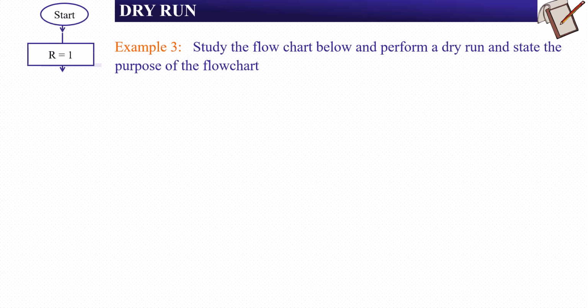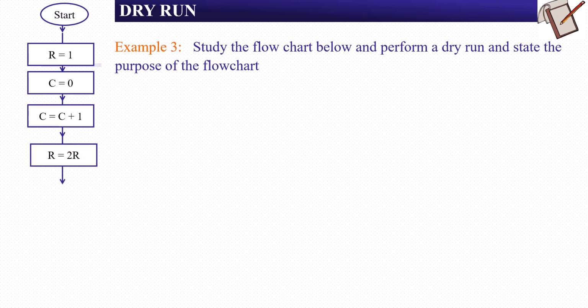So our next question says, study the flowchart below and perform a dry run and state the purpose of the flowchart. So here is our flowchart, which reads R first and then C as 0. Then assigns C to become C plus 1, then R to become 2R.